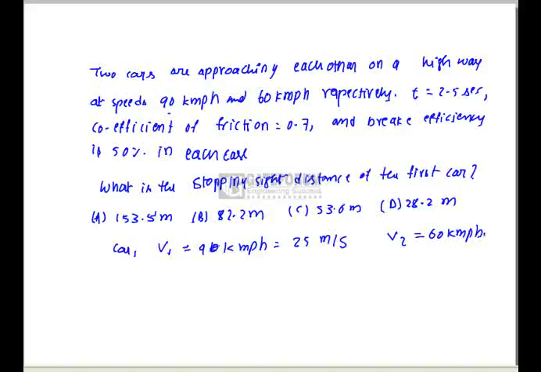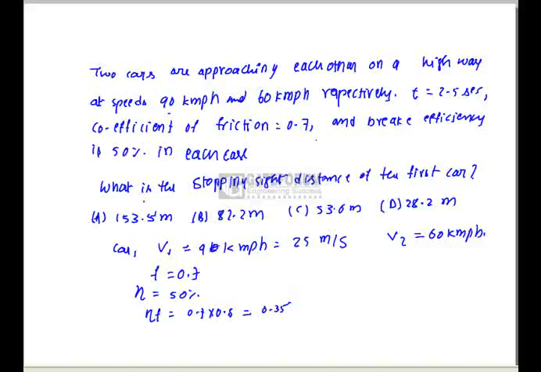Coefficient of friction is 0.7 and brake efficiency is 50% in each case. So friction efficiency is going to be 0.7 into 0.5, that is equal to 0.35.